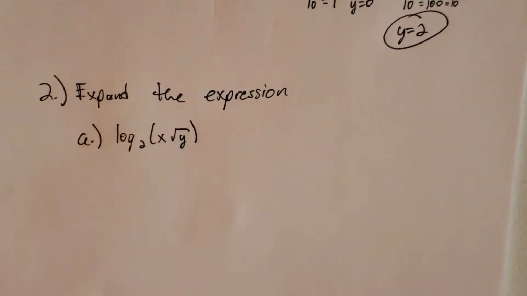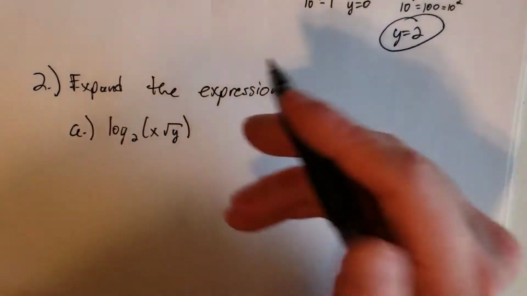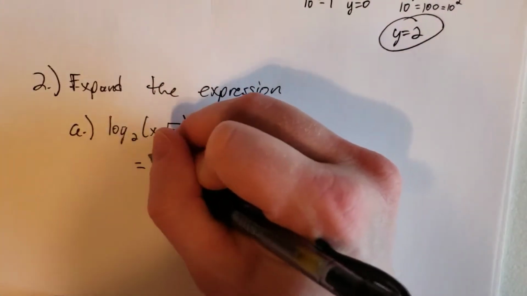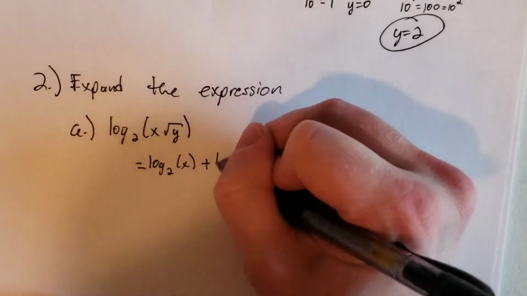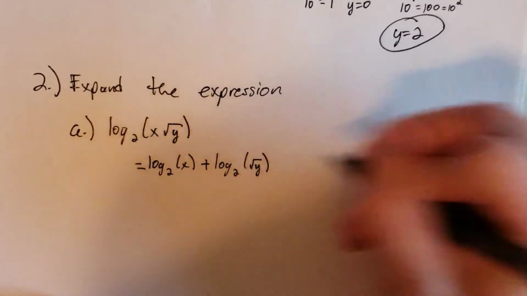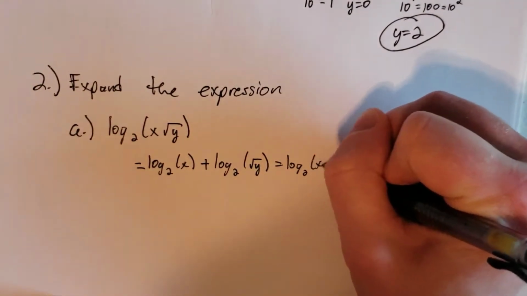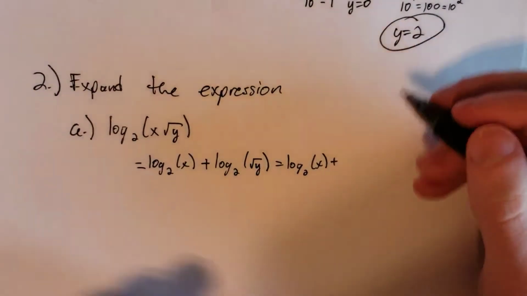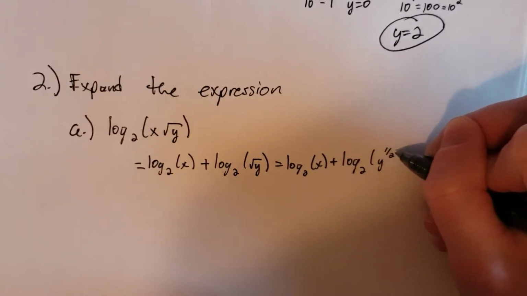If we have multiplication on the inside of a logarithm, again, that separates via an addition. So this is equal to log base 2 of x plus log base 2 of the square root of y. But the square root of y is the same thing as y raised to the 1/2 power.